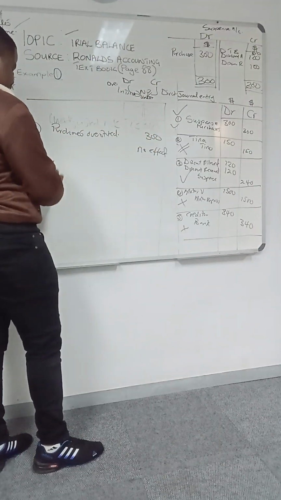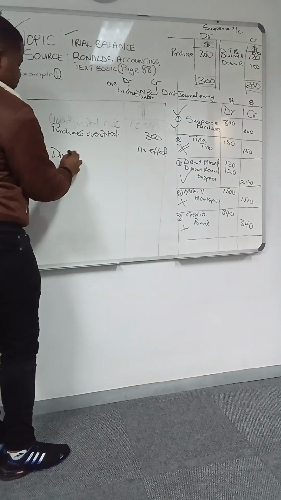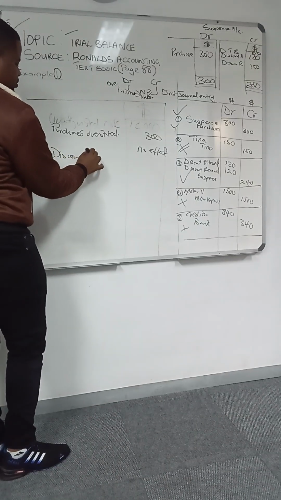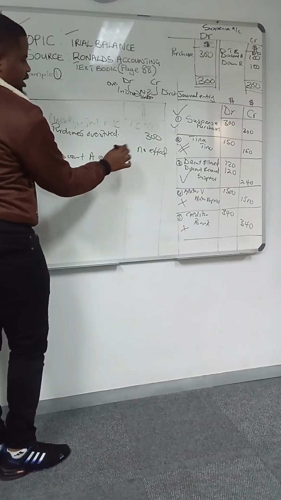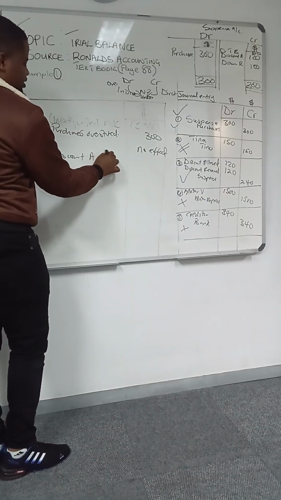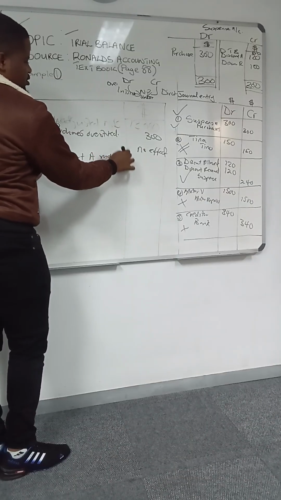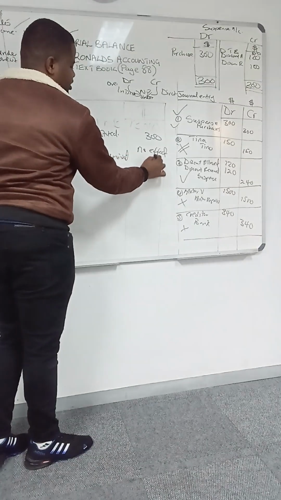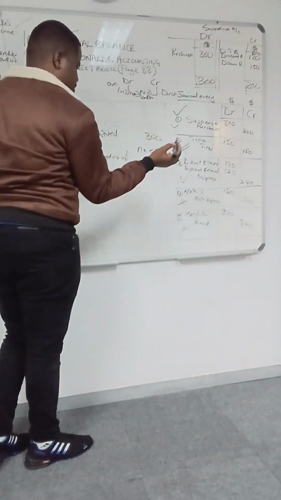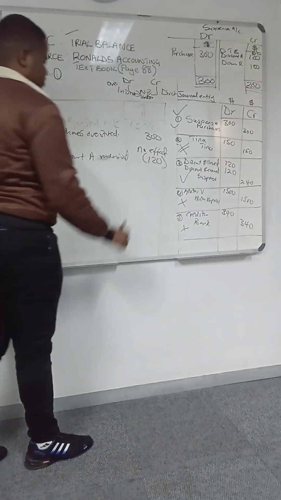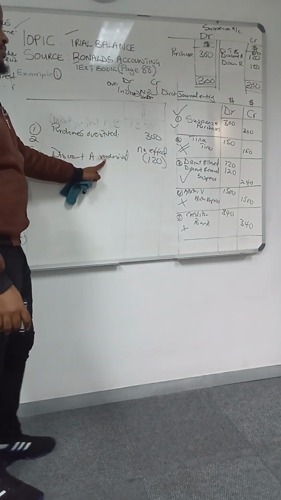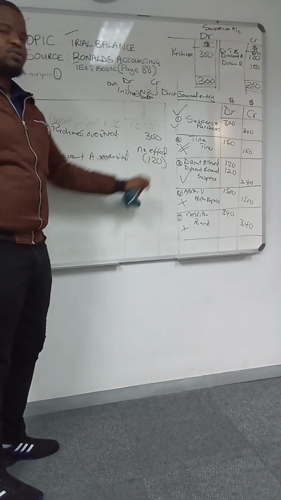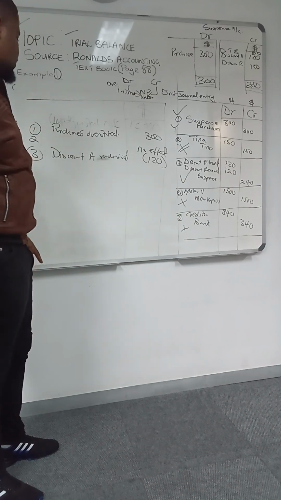Right, so number 3, you write discount allowed over understated. So the correction we are saying 120. 120, subtract 120, so we put in brackets. So we are saying it was understated, net profit will be overstated, hence correction we subtract. I hope we are together.